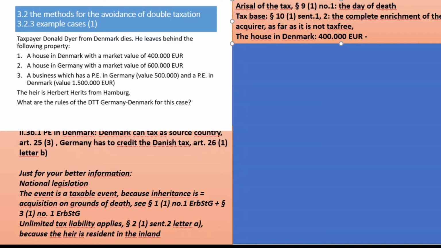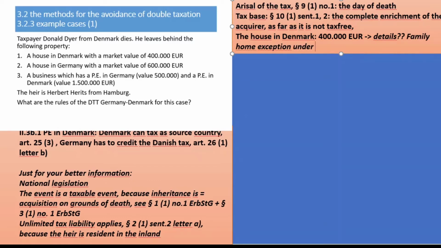Now we would find out that we can't say more because some details would be missing here. Some of the details which are missing: is it a family home? So would the exemption under 13.4c apply?